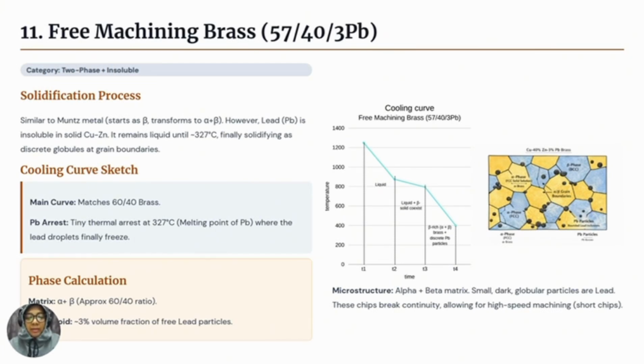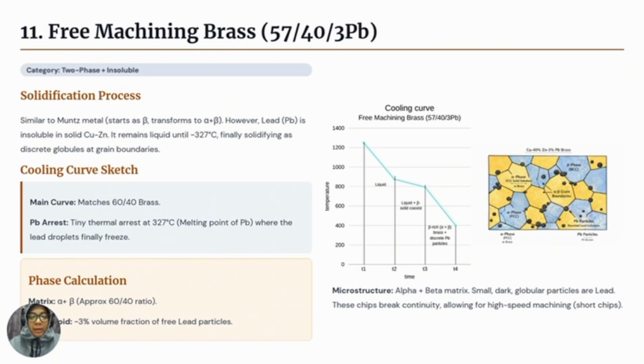While the brass starts solidifying at high temperature, we see a tiny thermal arrest at 327 degrees Celsius. This is where the liquid lead droplets finally freeze into discrete globules.